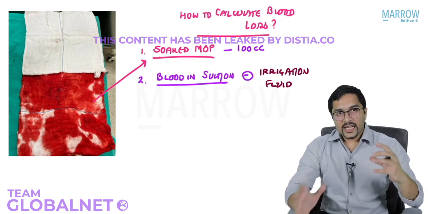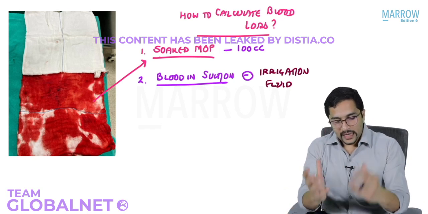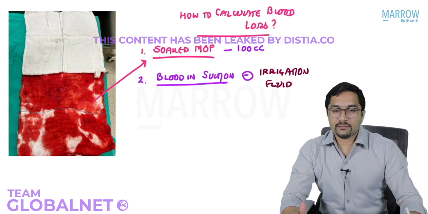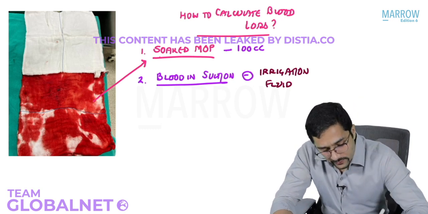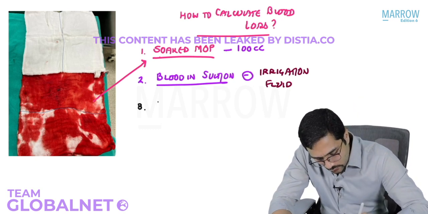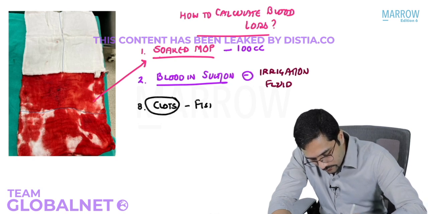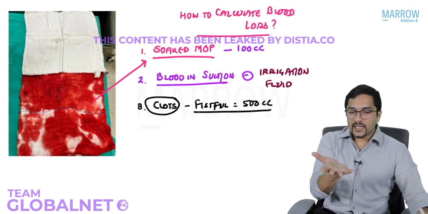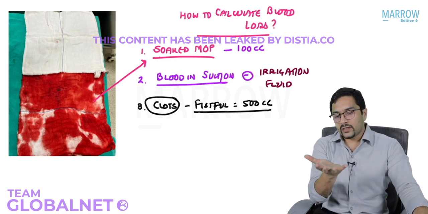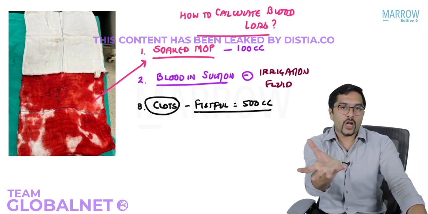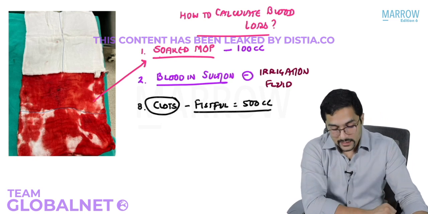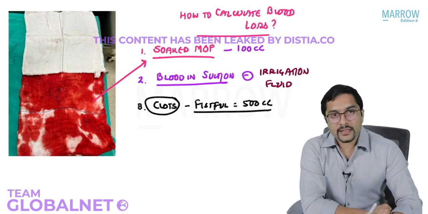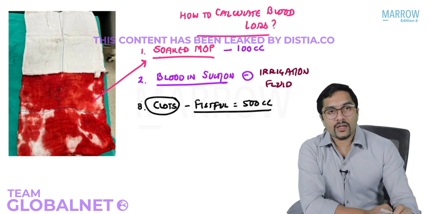So when you calculate the amount of soaked mops and blood in the suction minus the irrigation fluid, plus if you have clots, if there were clots in the abdomen, one fistful of clots will be 500 cc. Like if you've taken a delivery and if you're evacuating the uterus and you get a fistful of clots, that is 500 cc. So once you add these three up, that is when you get the actual blood loss in the theatre.